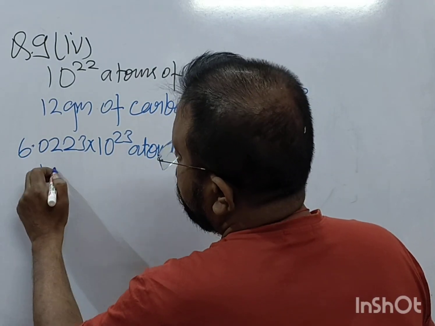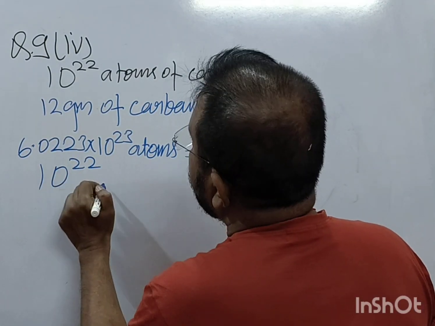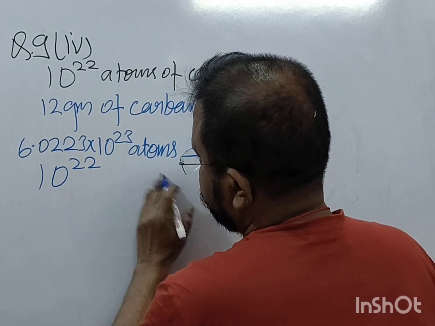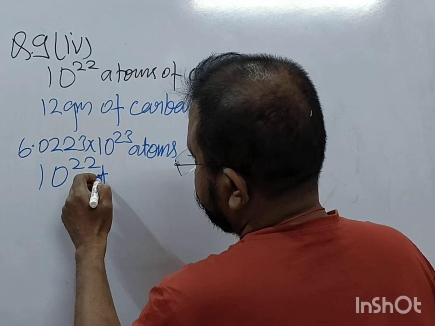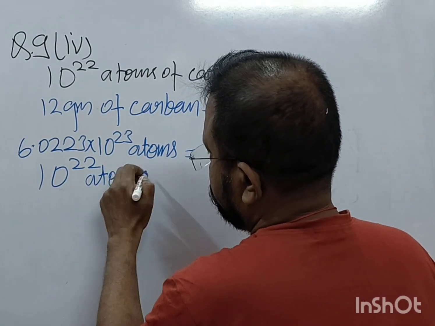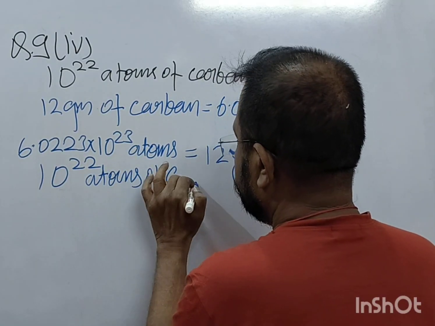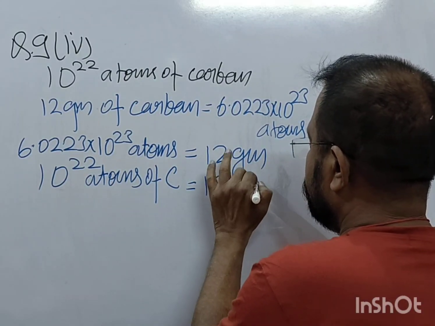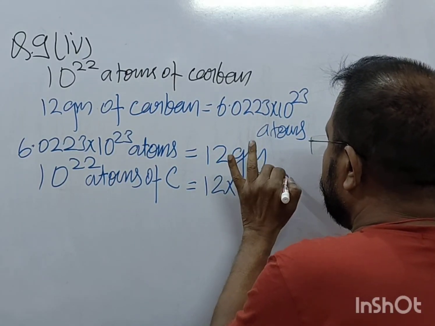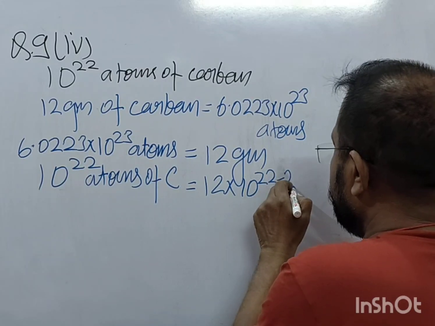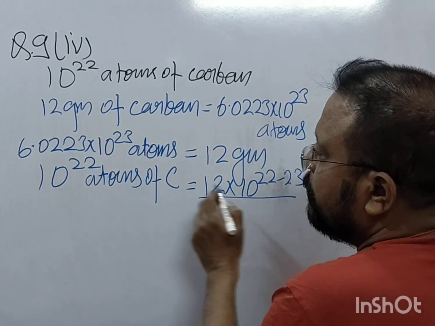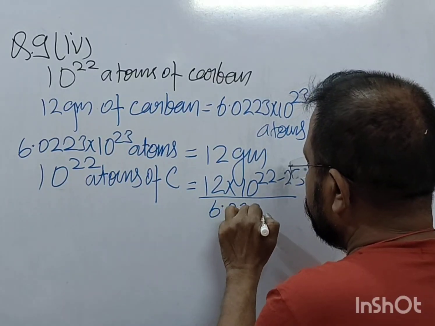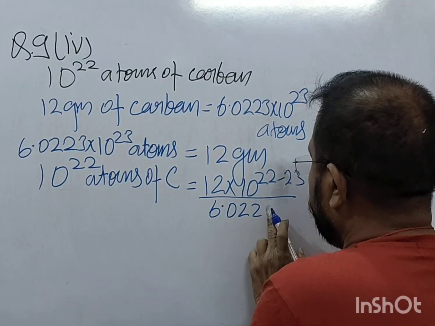So 10 raised to the power 22 atoms of carbon is equal to 12 into 10 raised to the power 22 minus 23 upon 6.0223.